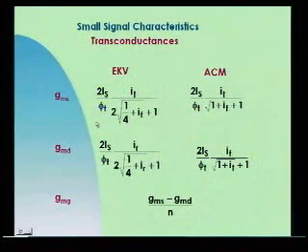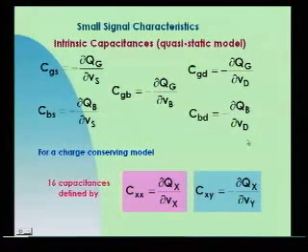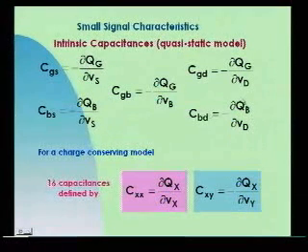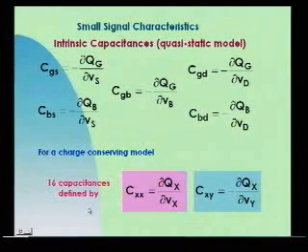Now, just to finish our lecture today, let me show you the expressions for the small signal characteristics in both models. The transconductances are very similar. Also the intrinsic capacitances. As I said at the beginning of the class, we must have 9 different expressions for the capacitances, which are linearly independent.